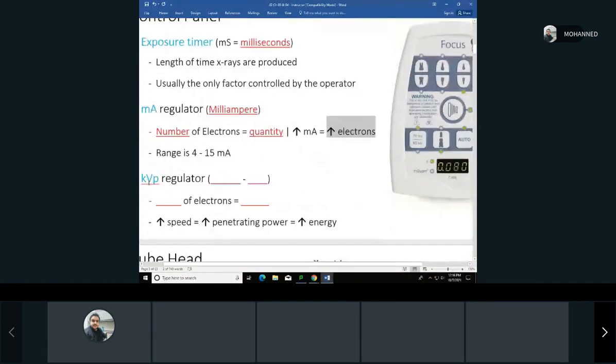And then kVp, that is the kilovoltage, in kilovolts, and the P is for peak.